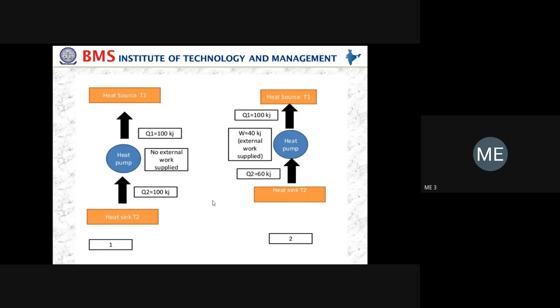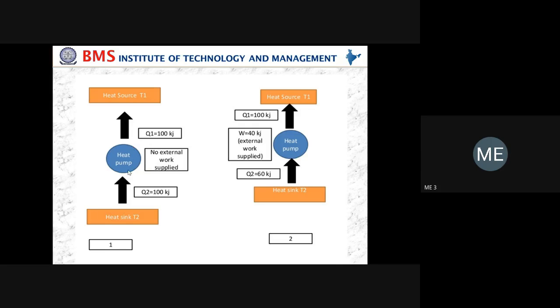Look at the first diagram. In the first diagram we have a heat pump, with a thermal reservoir at higher temperature T1 and a thermal reservoir at lower temperature T2, one called the sink and one called the source. Observe that there is no work done at all, no work input.